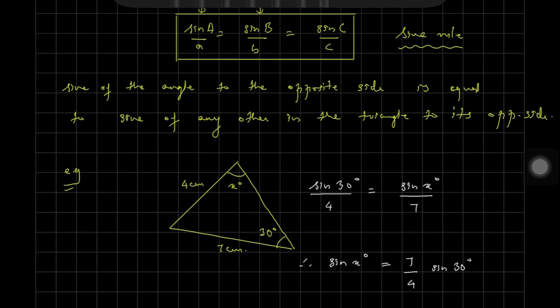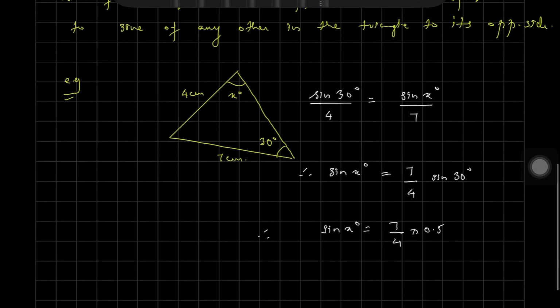If you use your calculator, sine of 30 is 0.5. So sine of x degrees would be equal to 7 over 8. And therefore, x, the angle that we are wanting, would be equal to sine inverse. Remember that this negative 1 is not a power, unlike in indices.